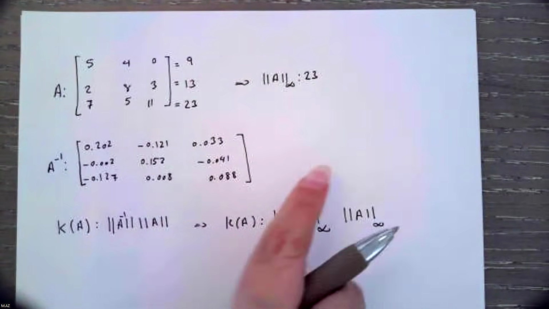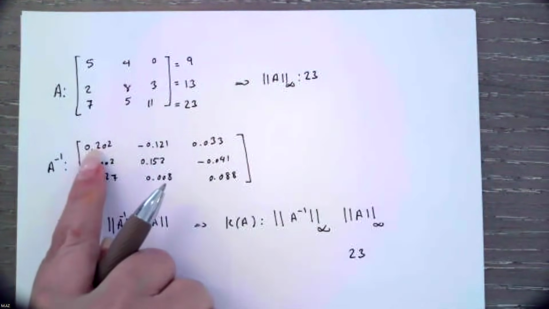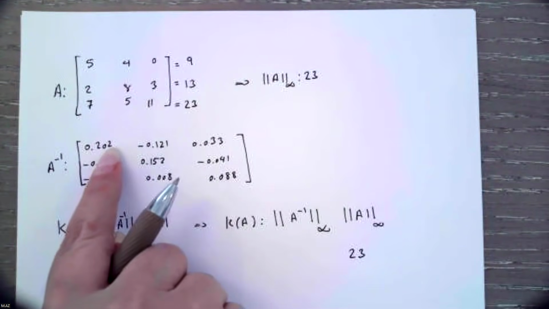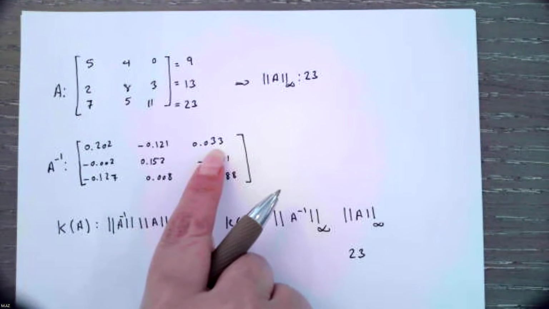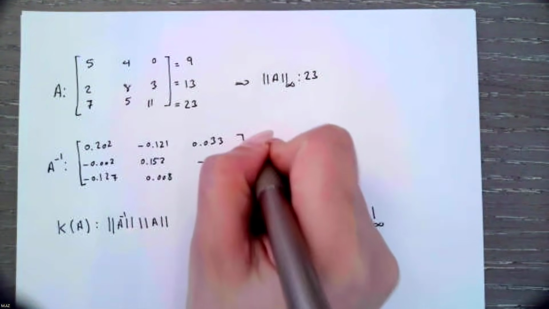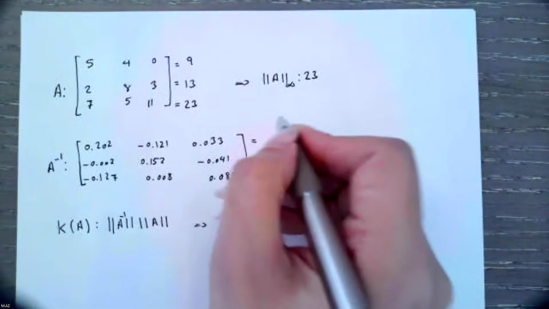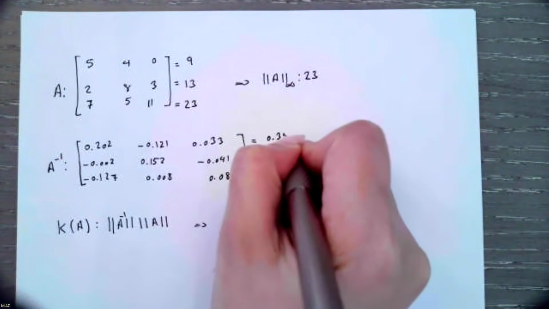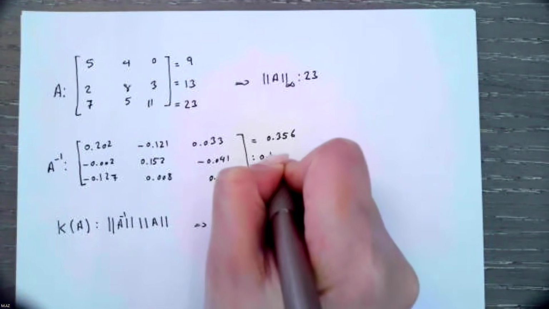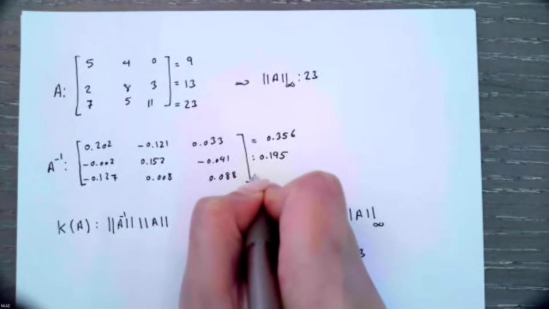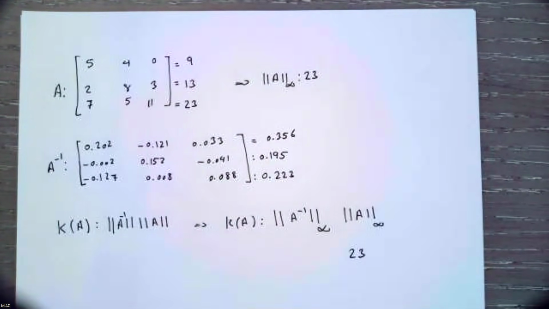How can we find the infinity norm of this matrix? Again, we are adding the absolute value of all the components at each row together. For example, for the first row, the answer is 0.356. Second row, and this is about the third row.